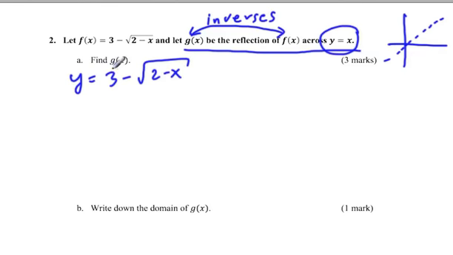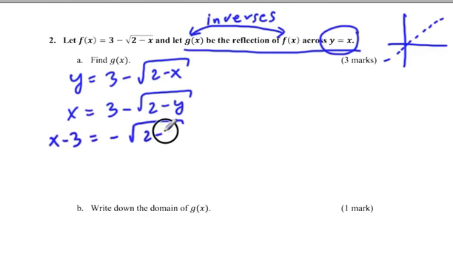So let's look at this function, y equals 3 minus the square root of 2 minus x. If you want to find g of x, you just have to find the inverse. So x equals 3 minus the square root of 2 minus y. Now solve for y. This becomes x minus 3 is equal to negative square root of 2 minus y. We want to get rid of this negative, so we divide both sides by negative 1.